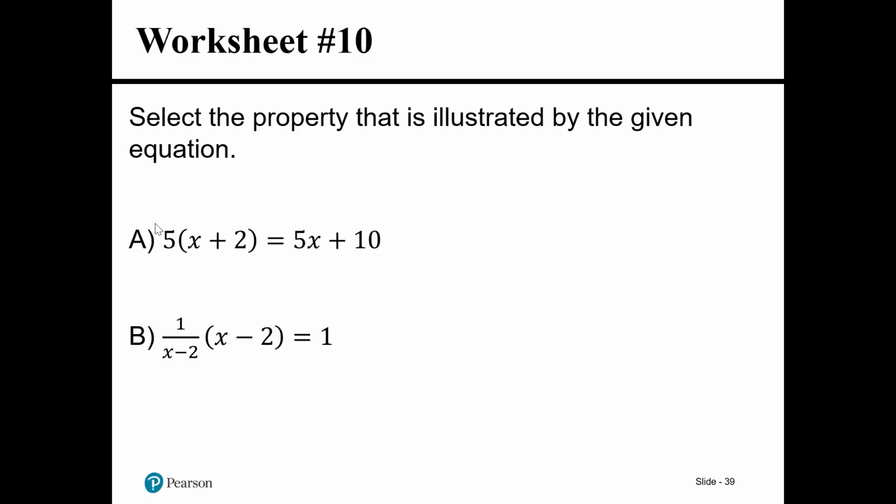Okay, so what we see here is we have these two numbers added together, then it's multiplication. So we have 5 times the x, and then this 10 would be 5 times the 2. So we have the distributive property, the distributive property of multiplication over addition.